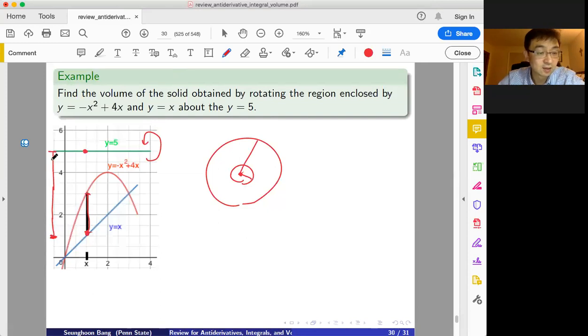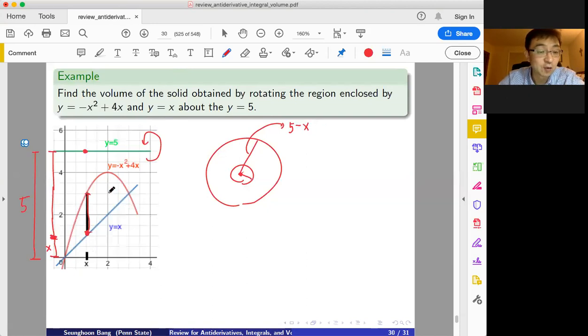This length is always 5, right? This length is 5 minus, what's this length? This length is x, right? The point on the line is x, so what's the outer radius? Exactly, 5 minus x.